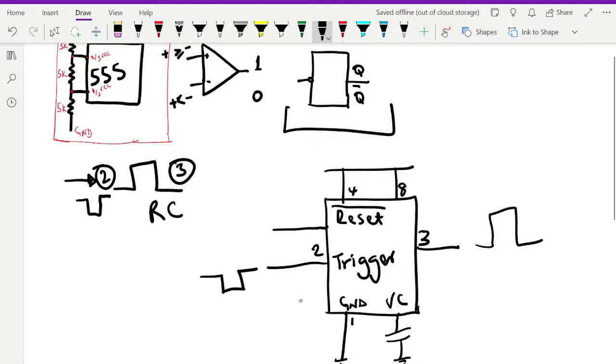Of course, pin 7 is the discharge. We didn't put pin 6 here; pin 6 is the threshold, and we're running out of space for pin 7, so we can just put it here. But just know that pin 7 is discharge. All right.